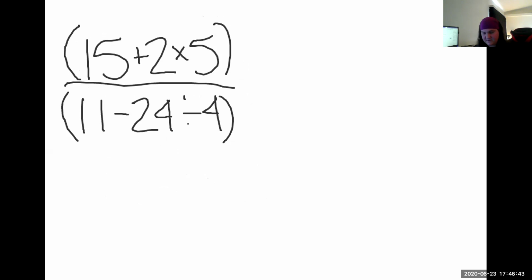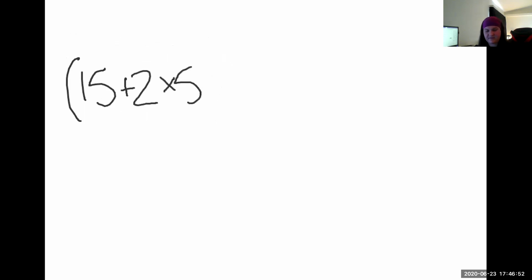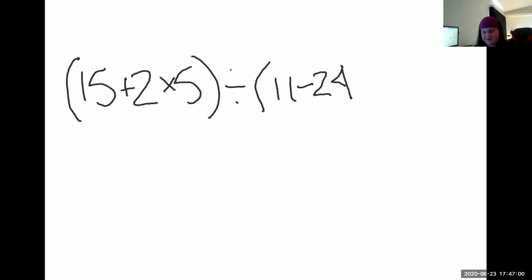Okay, so I'm going to clear it and rewrite it. 15 plus 2 times 5 divided by 11 minus 24 divided by 4. Sorry for my terrible handwriting. It's really rough being a lefty because all of my other little operations are on the side here.